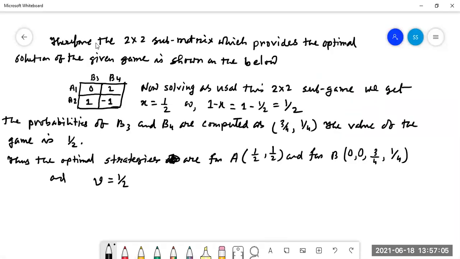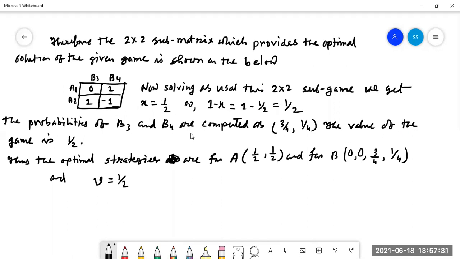Now look here, therefore the 2 by 2 submatrix, only B3, B4 and A1, A2, that is this. The optimal solution of the given game is shown below. So from here, x equal to half and 1 minus x equal to 1 minus half, that is half.